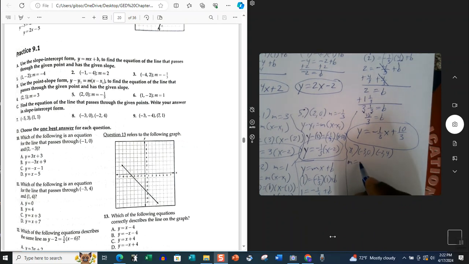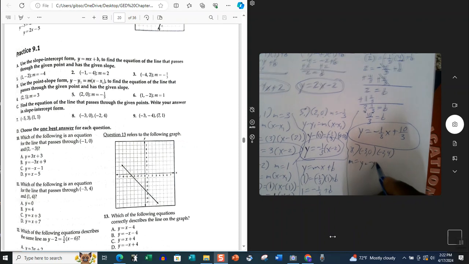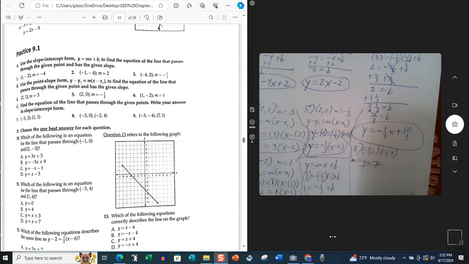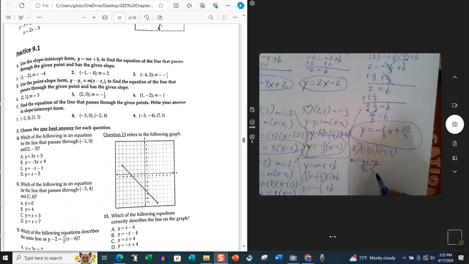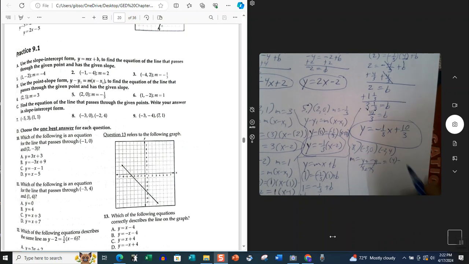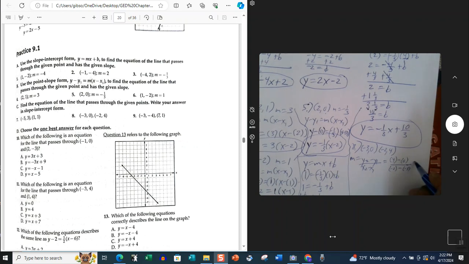So we have m is equal to y sub 2 minus y sub 1 all over x sub 2 minus x sub 1. So now we substitute. Y sub 2 is 4 minus y sub 1 is 0, all over x sub 2 is negative 2 minus x sub 1 is negative 3. 4 minus 0 is 4, and then we have negative 2 plus 3.